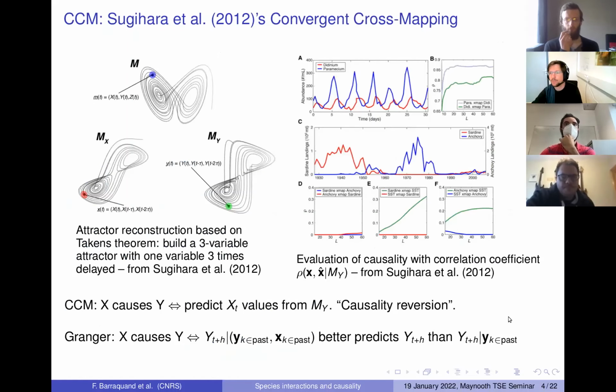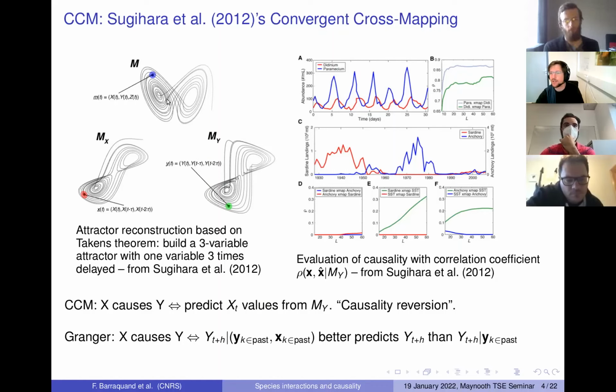So I will take the figures from Sugihara and Kohoto's paper to illustrate a little bit how convergent cross-mapping works. On the top left panel, you have the Lorenz attractor, which is the endpoint of the trajectories of the Lorenz dynamical system, which is famous for exhibiting the butterfly effect.